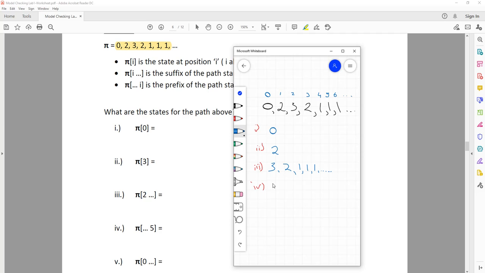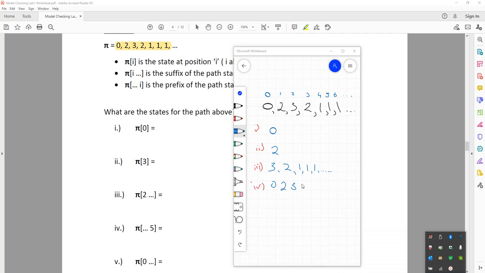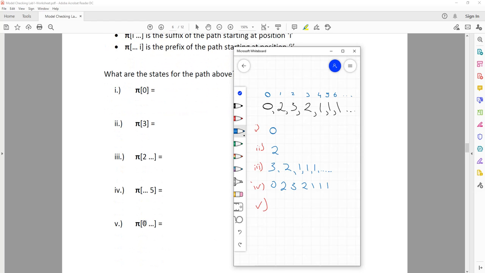So 0, 2, 3, 2, 1, 1, 1. And finally, you can see this one, which is pi 0 dot dot dot. So this is the suffix starting at index 0.